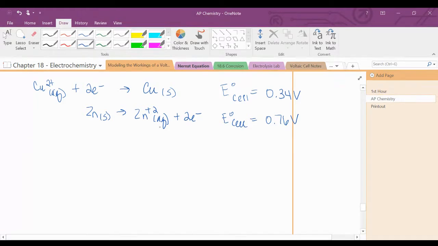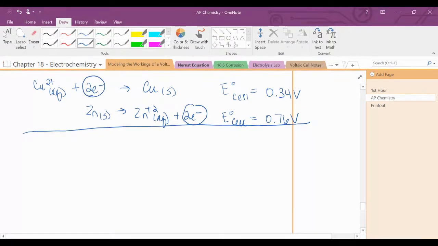Okay, so we're going to add our two half reactions together. Now, we should notice that one equation is going to lose electrons, one equation is going to gain electrons, and they should equal out. So if for some reason the number of electrons would vary, like there would be 1 electron in one equation and 2 in another, then we would multiply that equation by 2.